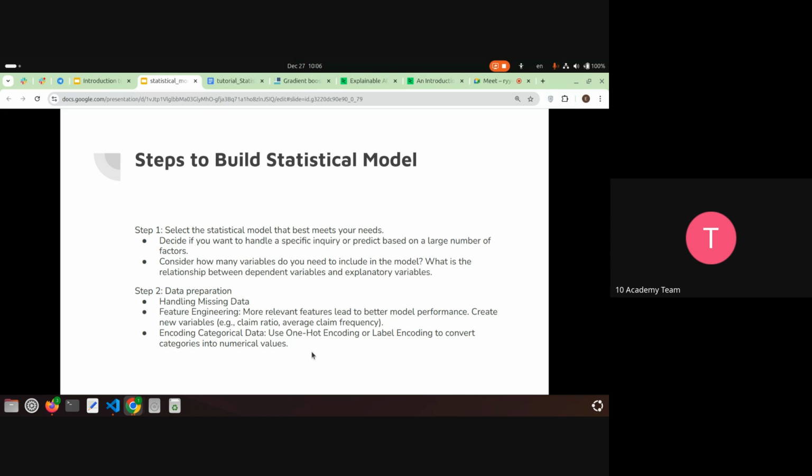You also need to consider how many variables you have, and what the relationships are between the independent variables and the dependent variables, to determine what kind of model you want to use, the classification model, the regression model, whatever. Basically, I'm just listing.